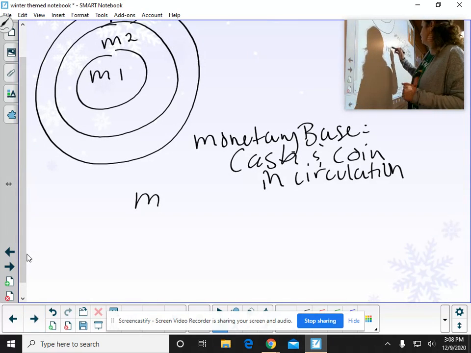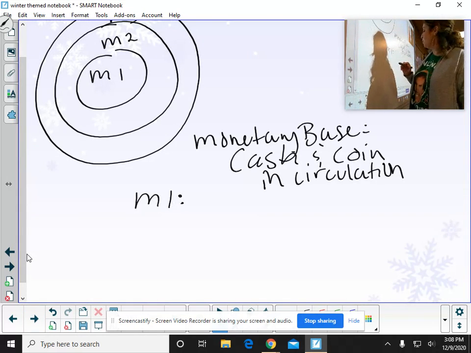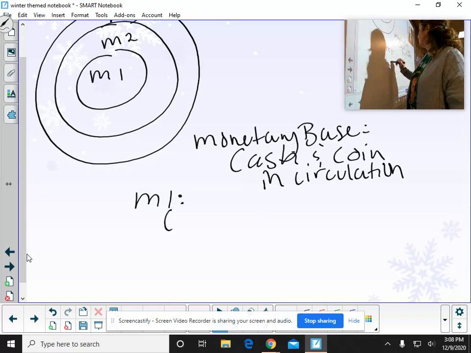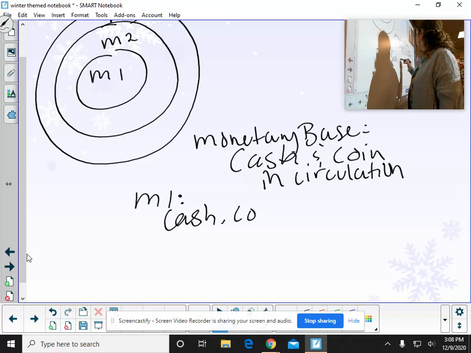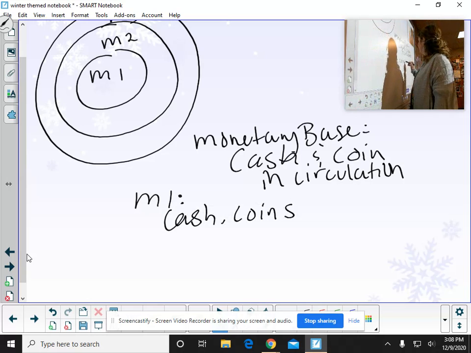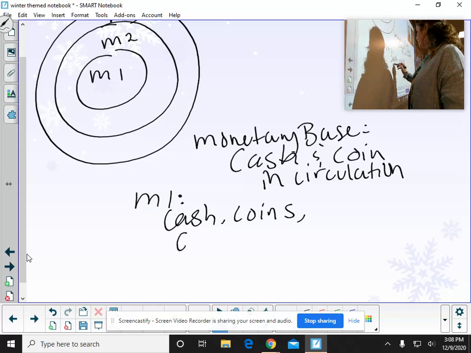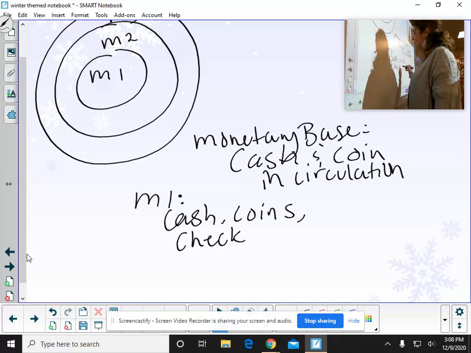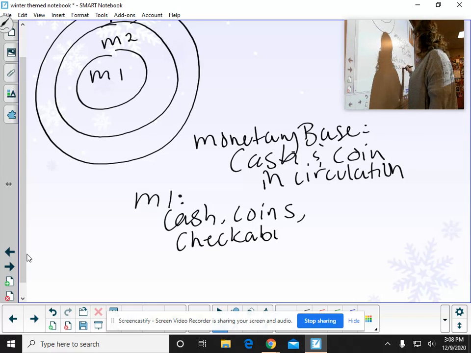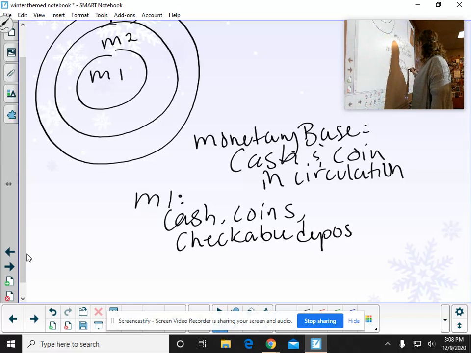M1 is the highest liquidity, and it includes cash and coins. So it includes the monetary base. It includes anything in a checkable deposit. That means a checking account. Checkable deposit, checking account, that means the same thing. They also might call this a demand deposit.